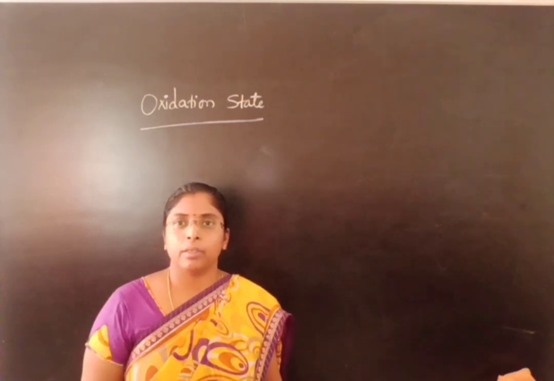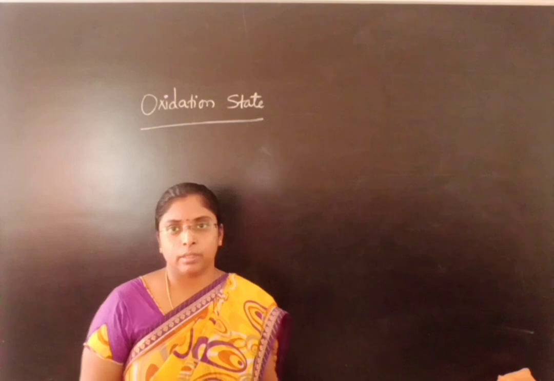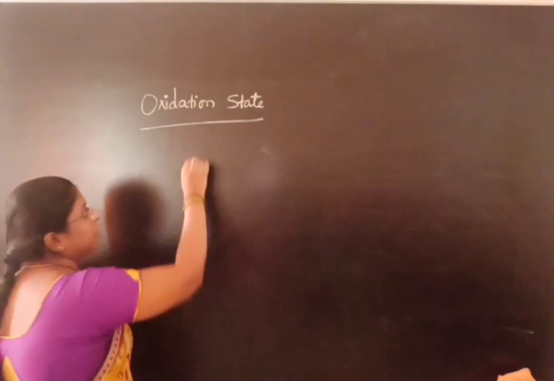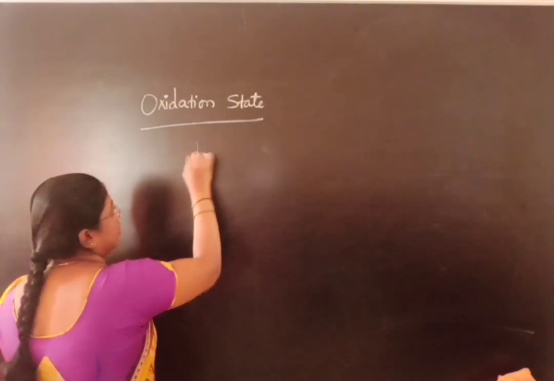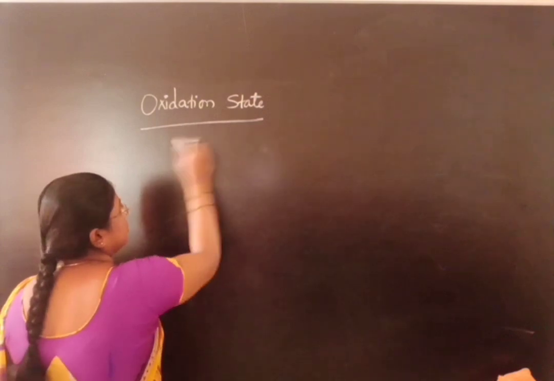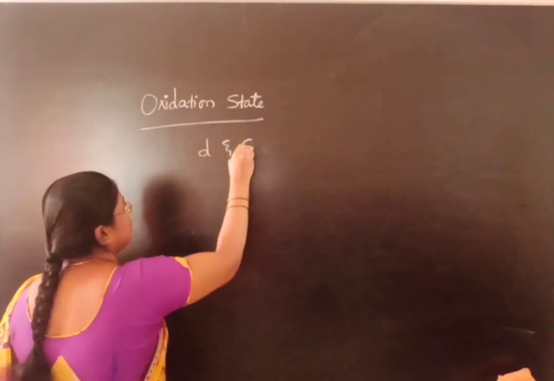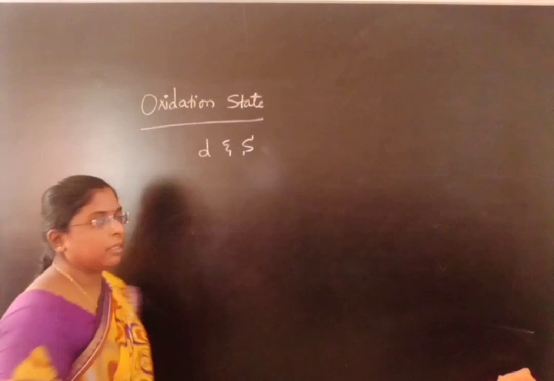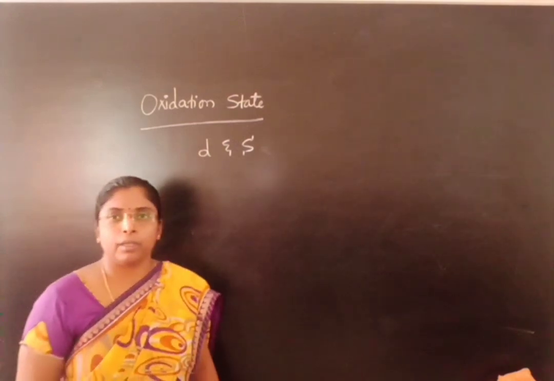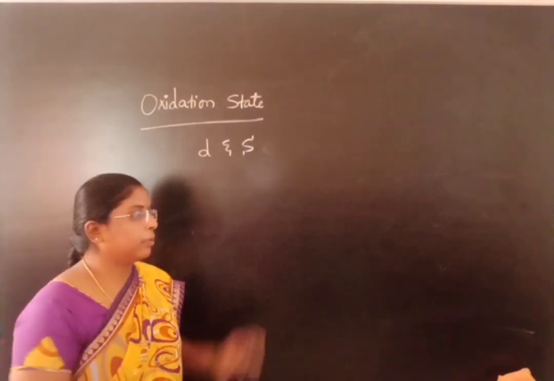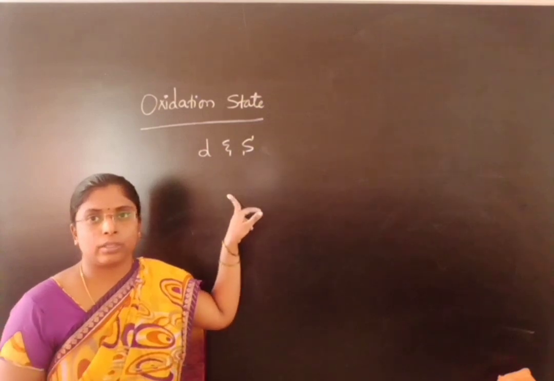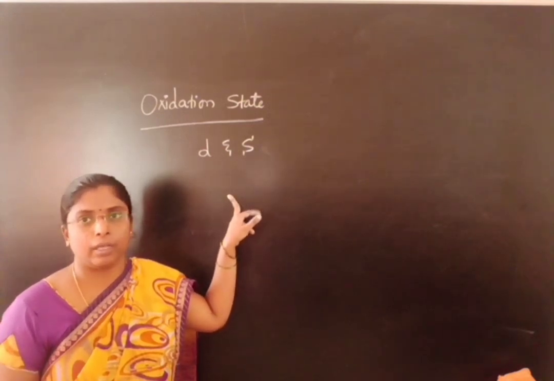The reason behind the variable oxidation state is that the d as well as s subshells have comparable energies. Since both have similar energies, the number of unpaired electrons will also be more, and the oxidation state will also be high.